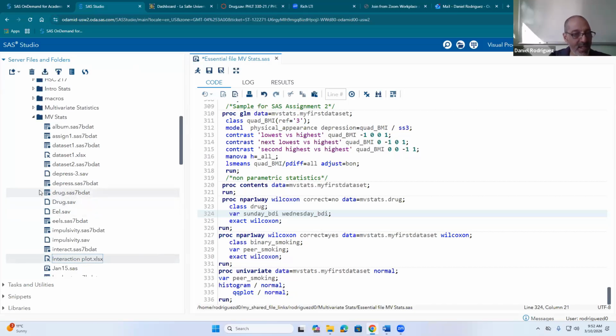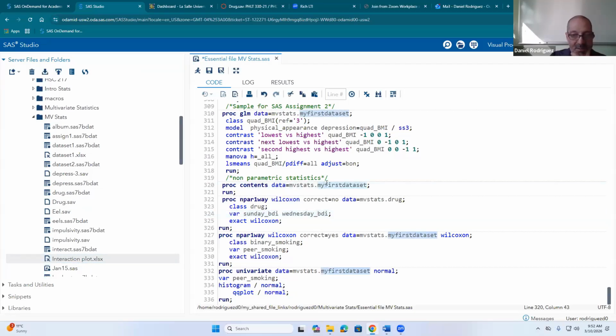Okay, so that's my new data set that I'm working with. And I already linked this to my library when we started this course, so I don't have to do that again. All right, so this is data equal to mvstats.drug. This is the library, and it's called drug, right? And then my classification variable just so happens to be drug as well.